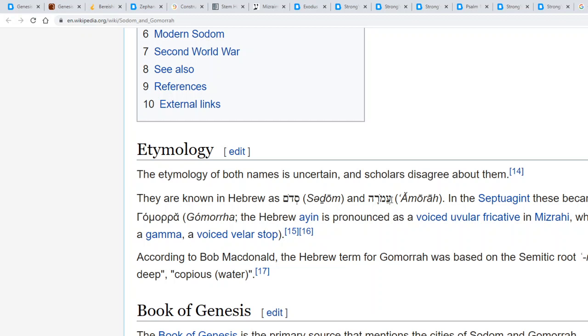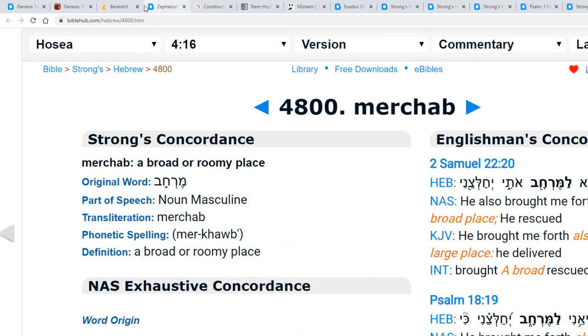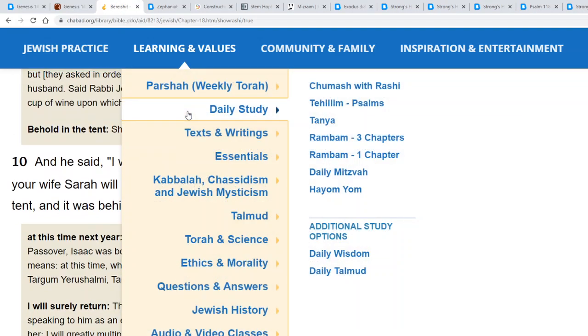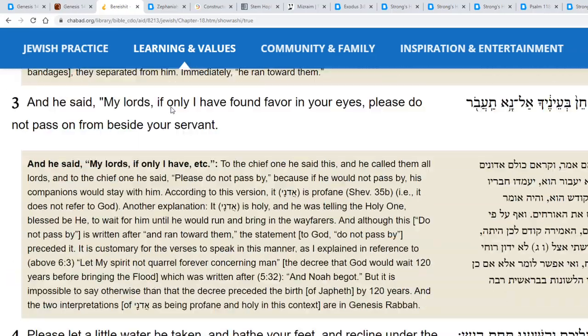I also confuse ayin with the aleph because it's said the same way in the Hebrew, but they are different, right? Ayin and aleph are different, and they should be kept separate. So when we're talking about Emori here, we are actually not talking about.